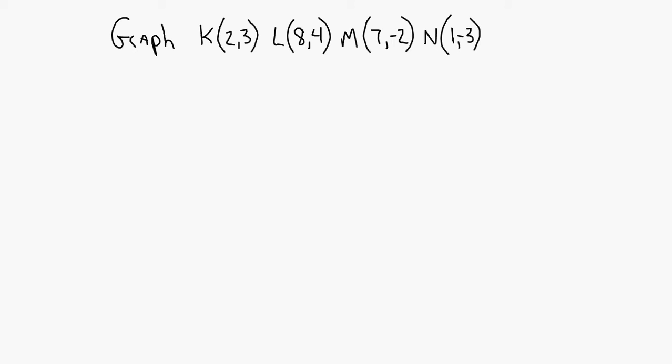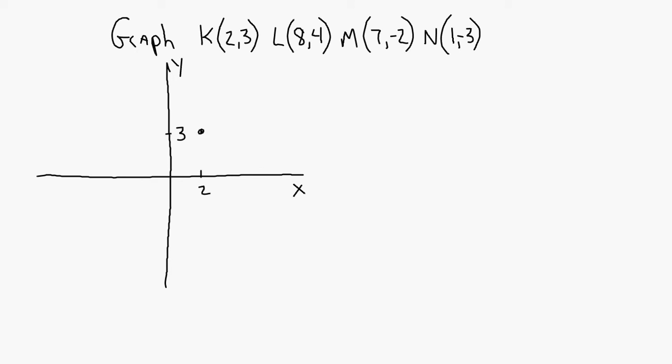So what you do when you graph this thing, okay, if we graph this thing here, x and y, and we go 2, 3, all right, and 8, 4, this is K. L is at 8, 4, so 8 and 4. 7 and negative 2 would be here.